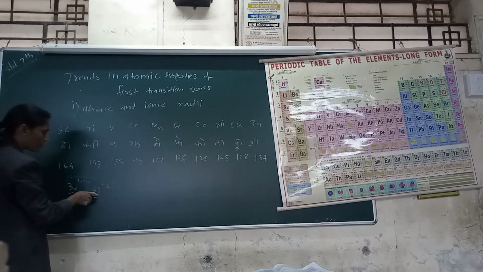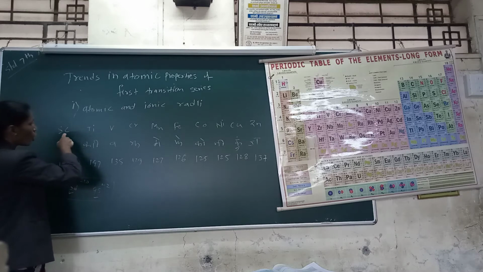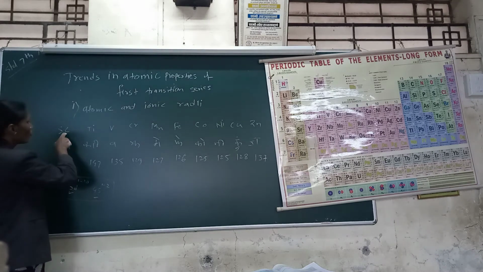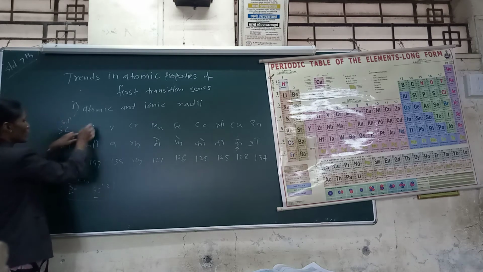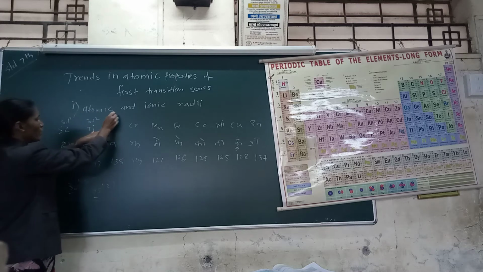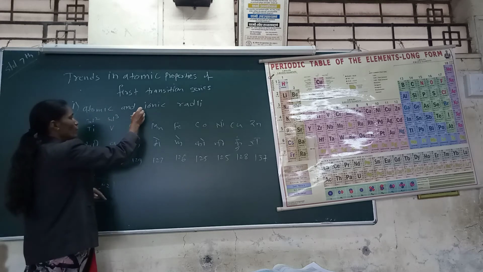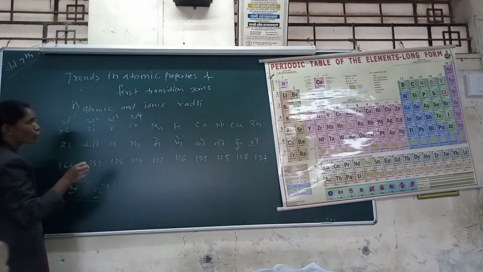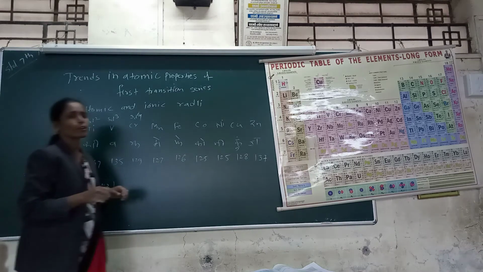Only electrons enter the same shell: first 3d1, then 3d2, 3d3, 3d4, and so on.